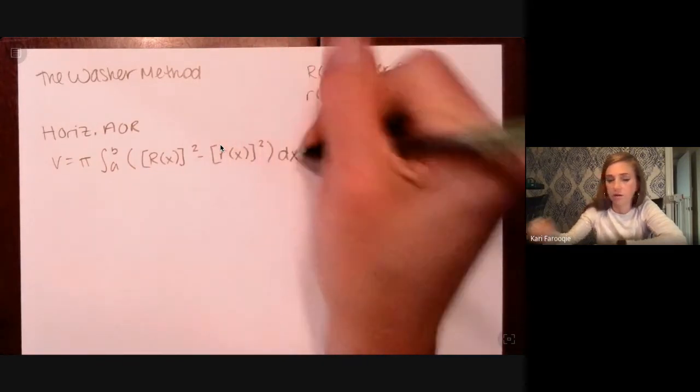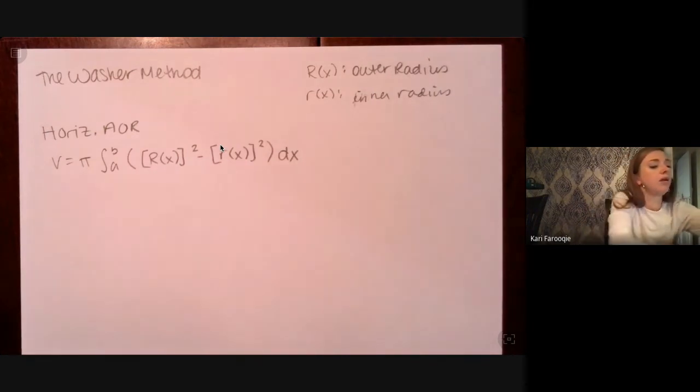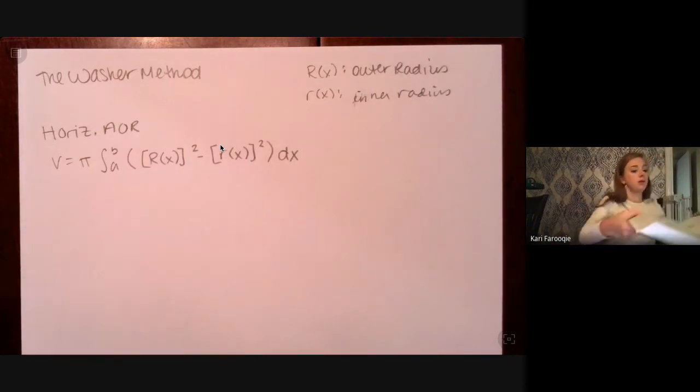The inner radius is where we're going to get the hole that's inside that figure. Now I'm going to get my pictures out again, so we can talk about pictures of washers. Trying to find the best picture.